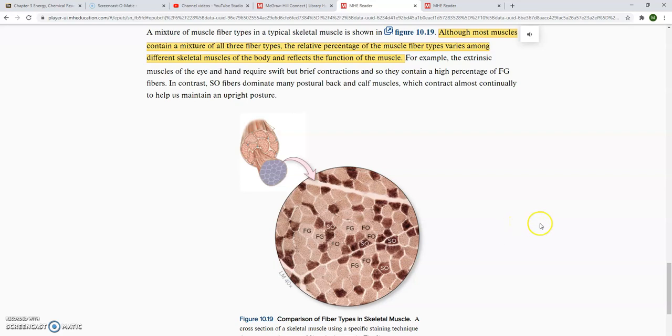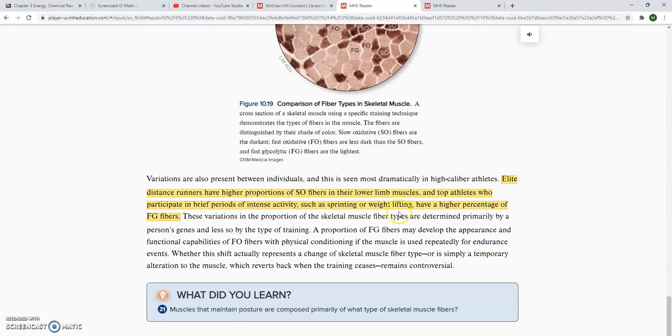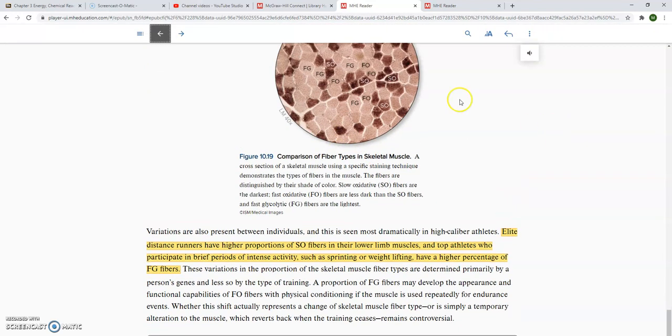And something I always like to talk about when we talk about this distribution is that people, based on their genes, can have a higher percentage of a certain muscle fiber type in certain muscles of their body. So they have done studies and seen this in top athletes. Like ones that are distance runners, like those marathon runners.